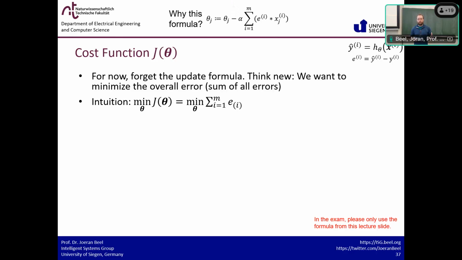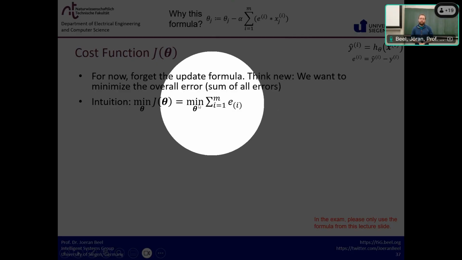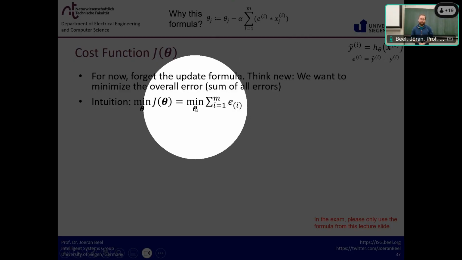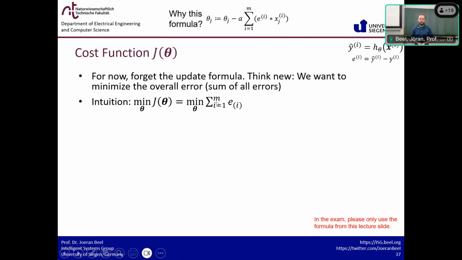The costs of this algorithm are defined by the amount of error, and we want to have the costs, the error, as low as possible. So our cost function is the sum of all the individual errors, and we want to minimize it with respect to theta. Theta is the only thing we can change. For all the instances 1 to m in the data set.